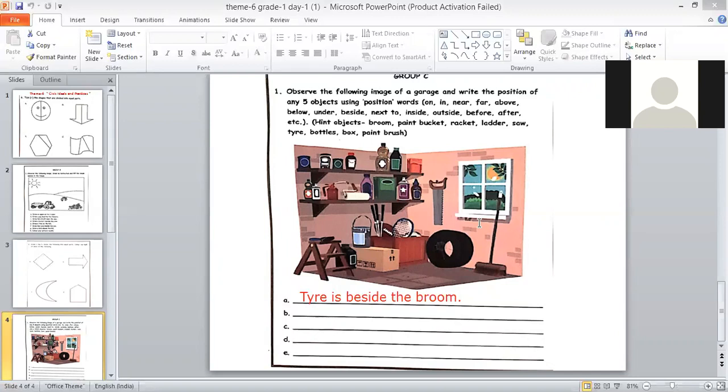Yes, Sudhamsh, please use any one of the objects and frame a sentence. And you have to use position words like on, in, near. Yes, Sudhamsh, I'm waiting.